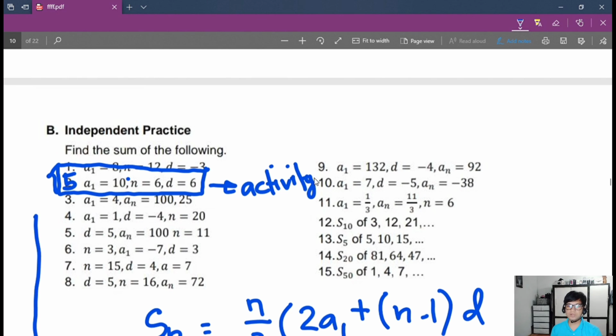So, the submission of your activity is on Friday, before 12 noon. So, mga 11:59 ang pinaka-last ng submission.